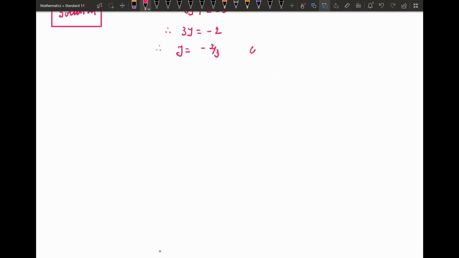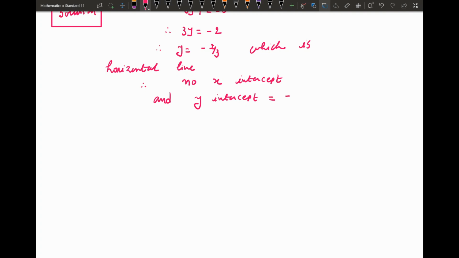Which is a horizontal line, therefore no x intercept and y intercept equal to minus 2 by 3.